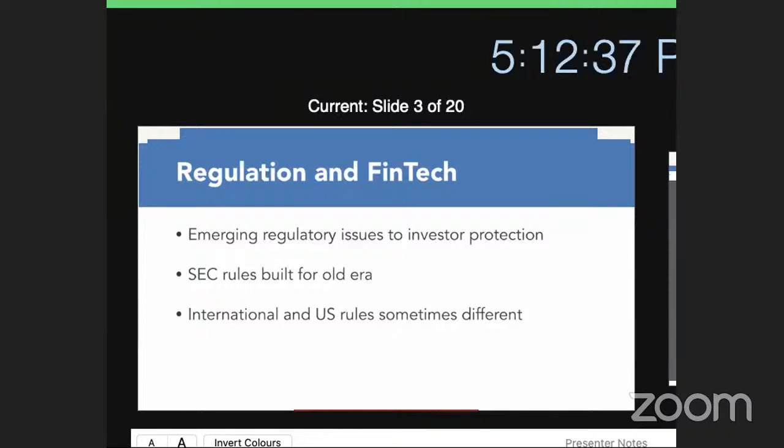Okay, so regulation is going to be rebuilt, and regulation is going to change to accept this financial technology. So that's where the fintech challenges come in the fintech space. And when you're working as a professional, you will think of yourself as a technologist.